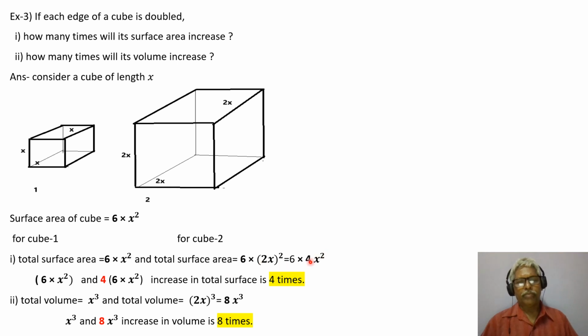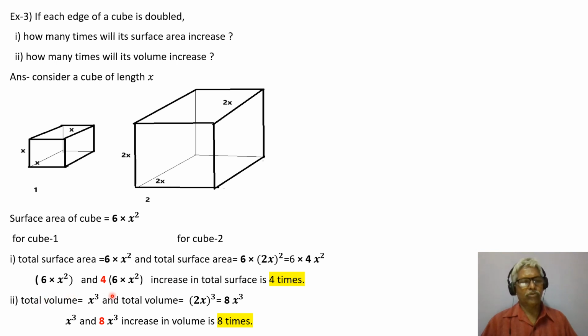So I'm rearranging them: 6x square equals, taking 4 out, 4 into 6x square, so area is increased by 4 times. So increase in total area is 4 times.